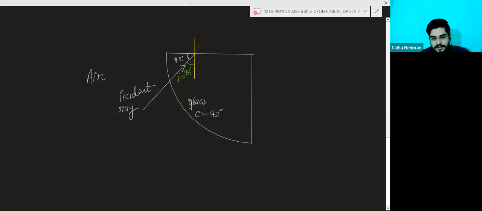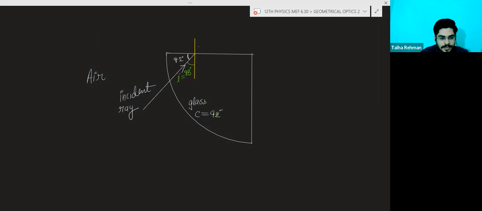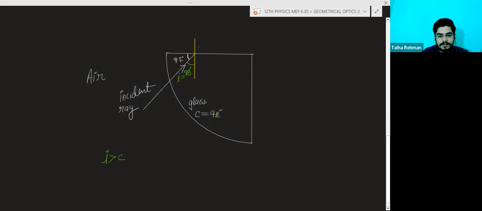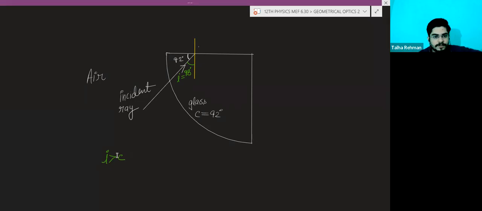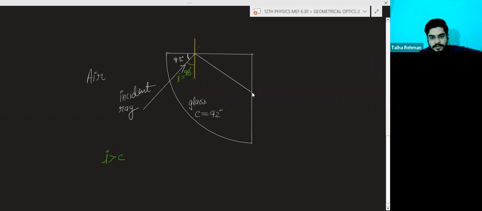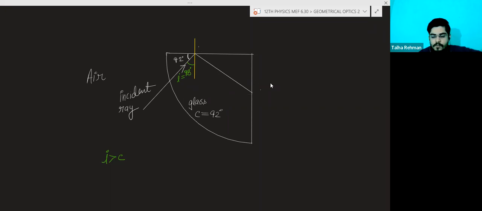But here, see, the critical angle is 42 degree. Here the angle of incidence is greater than the critical angle. So if the angle of incidence is greater than the critical angle, total internal reflection takes place. Of this ray, total internal reflection will take place like this.